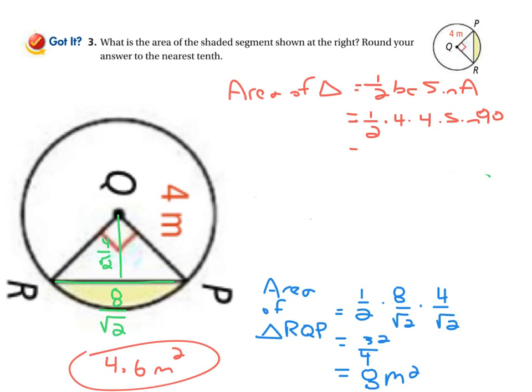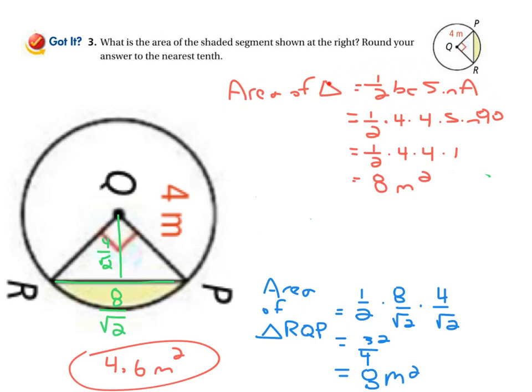Okay, so you get essentially 1/2 times 4 times 4 times 1, or 1/2 of 4 is 2, 2 times 4 is 8, 8 times 1 is 8, so you still get 8 meters squared for the area if you do that method. Again, one more time, this formula only works for up to 90 degrees and not beyond it.